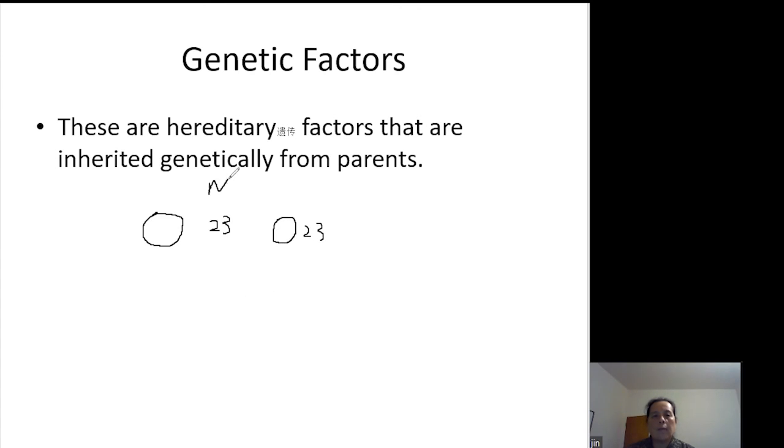Like this side is mom's, together is the whole mom's gene, and this side is dad's. So still 23 single. The combination may be different. Like we talk about this A, this B, this C, this D, just for easier understanding, we just name them.